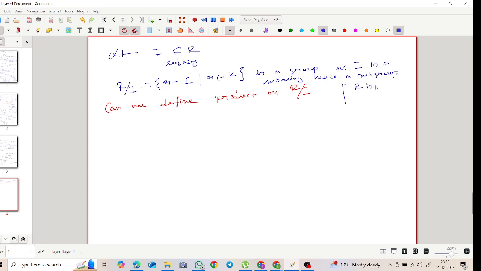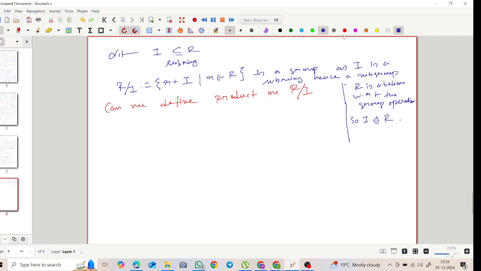R is abelian with respect to the group operation, right? By definition, a ring is an abelian group. So I is a normal subgroup of R, as every subgroup of an abelian group is normal.